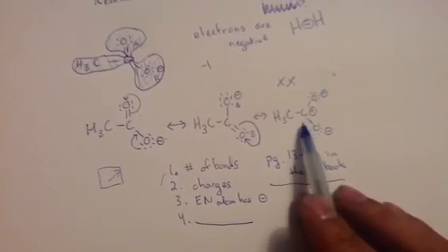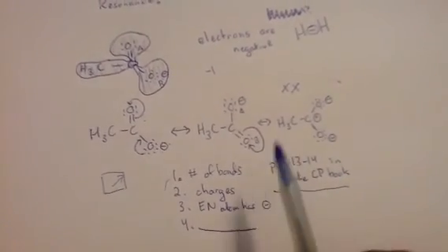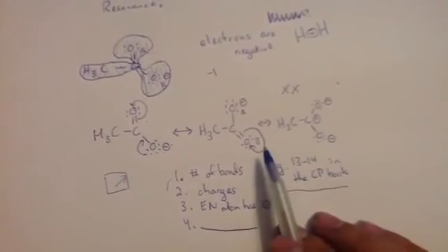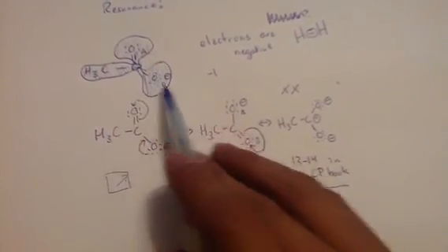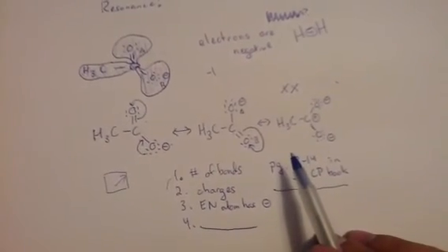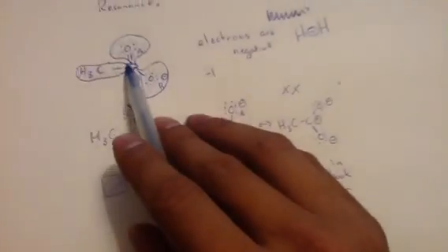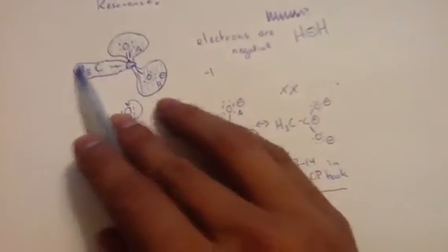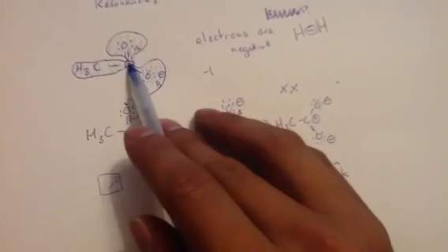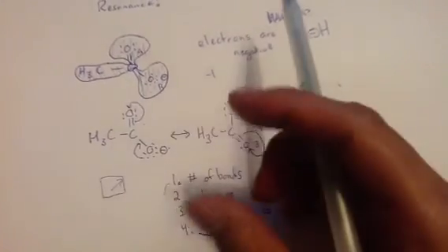Now, it doesn't mean that this structure doesn't tell us a story, though. In fact, it told us that that carbon, a little bit of the time, has a positive charge. And we show that because, again, electrons are negative. So if we have a positive charge somewhere, it means that there's a dearth of electrons. There aren't so many electrons. And so we actually show that using the density over here, that in fact we have fewer electrons around that carbon, but just a tiny bit.